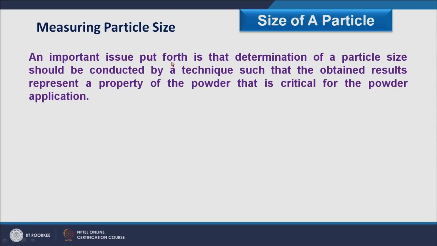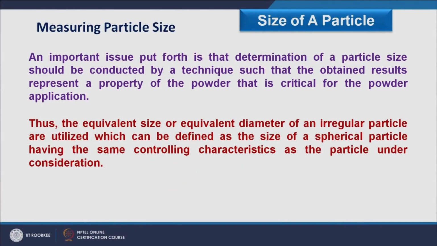An important issue put forth is that determination of a particle size should be conducted by a technique such that the obtained results represent a property of the powder that is critical for the powder application. It means, again, when I want to equate a sphere to a particular property, it depends on what application we want to do this for.